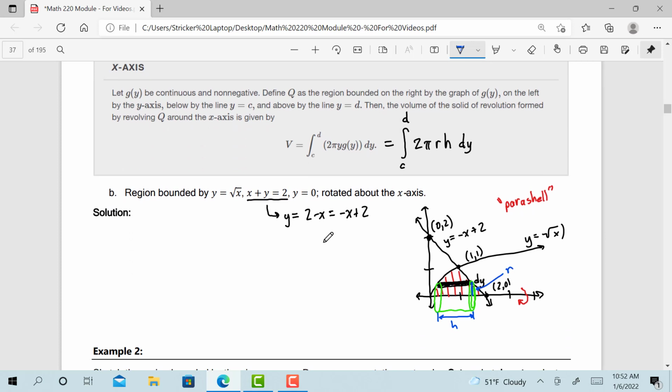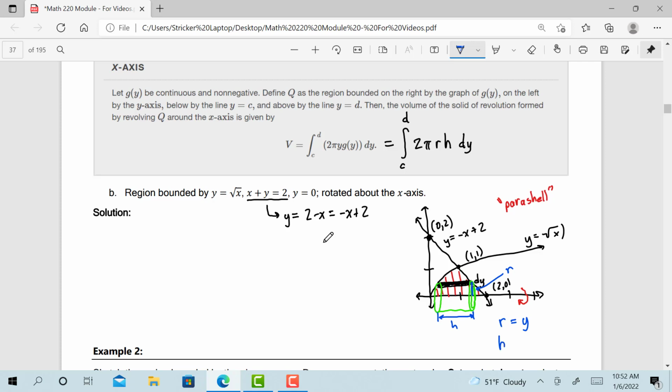It's our radius. And so let's think about what each of these parts are. So let's start with the radius. The radius, that's a vertical height, right? r is that vertical distance, so the radius is y. And because we have a dy problem, we can just leave that y.